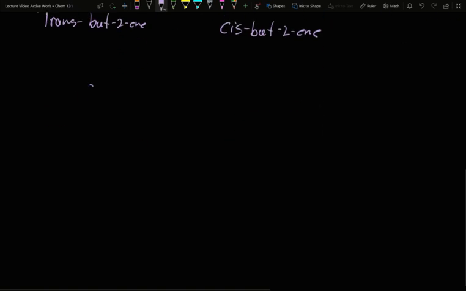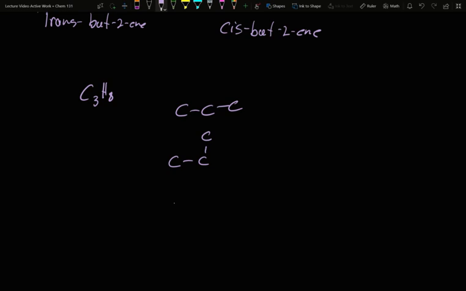Now, not everything has an isomer. If you have C3H8, there's only one way to put it together. I could put the carbon here, I could put the carbon there, but that's still just 3 in a line. I could say, hey, let's put it on that first carbon. That's still just 3 in a line. All of these, despite physically drawing them slightly different, in the end, the flat drawings still give us exactly the same connection patterns.